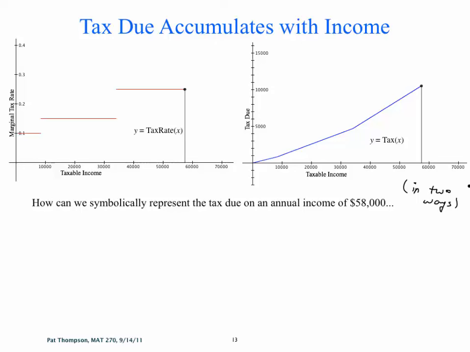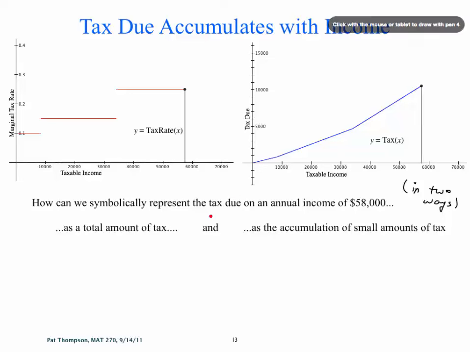It's going to be the value of the dependent variable when the independent is 58,000. So that would be the total amount of tax. Just boom, for 58,000, this is how much you owe at the end of the year. How would that be represented? Yeah, it would just be the function notation.